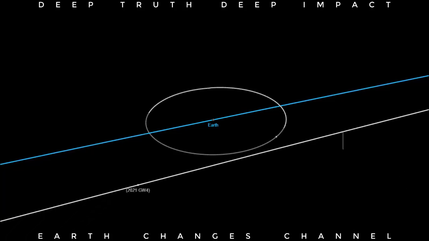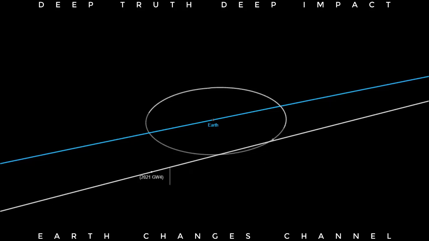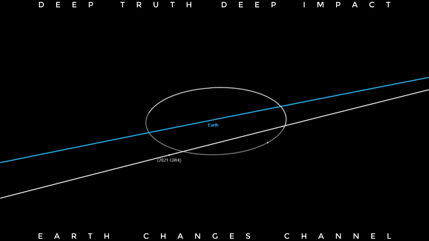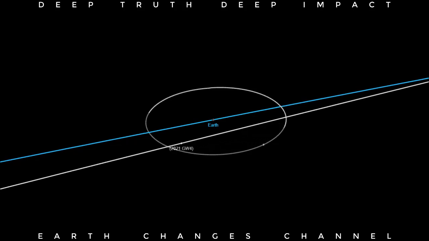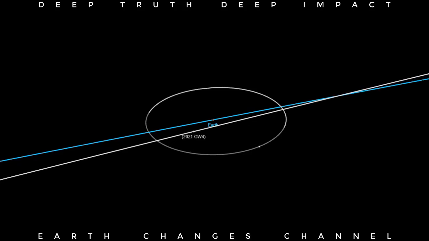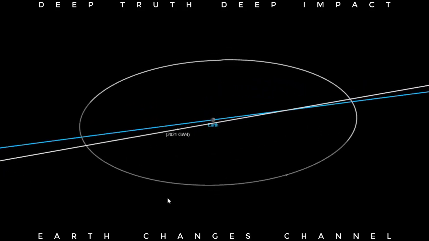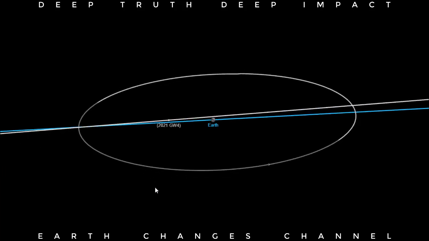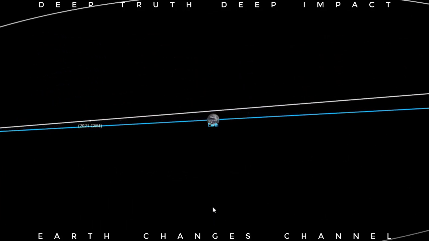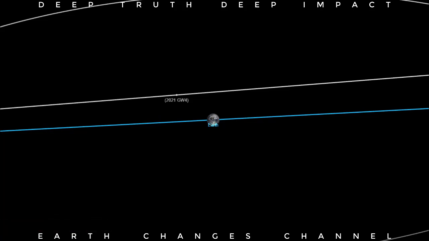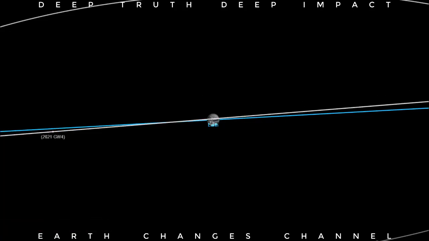I'm going to step this back. The reason I have it in this angle is so that you can see what I was talking about. For example, if that rock was coming in at that kind of angle, I would be very concerned, because this is where the debris would be.